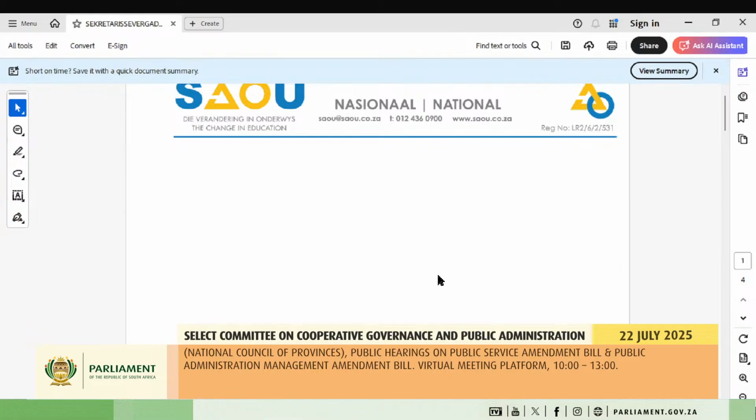We note that the Act has come a long way since its inception, so there have been a lot of changes, and we are comfortable with most of them. We agree with most of the changes. Regarding the definitions, we agree with the amendments, especially the inclusion of a political office in the definitions, and we think that was a necessary move. Further, if we look at 2C, we also support these amendments.